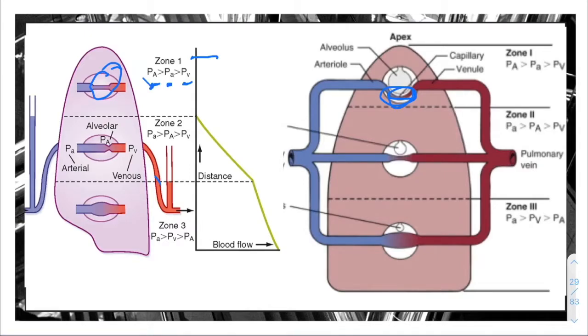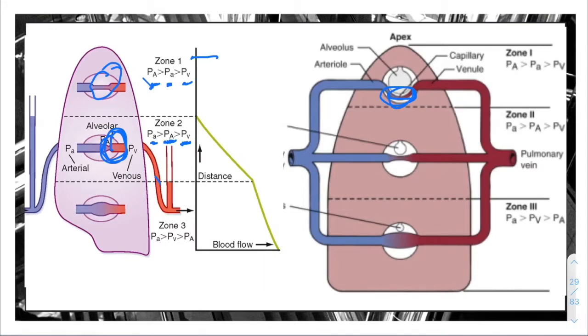Zone 2. Okay. PA or arterial pressure is greater than your alveolar pressure, which in turn is greater than your venous pressure. Because alveolar pressure is greater than your venous pressure, the greater external alveolar pressure partially collapses the capillaries near their venous side, creating a damming effect, no?